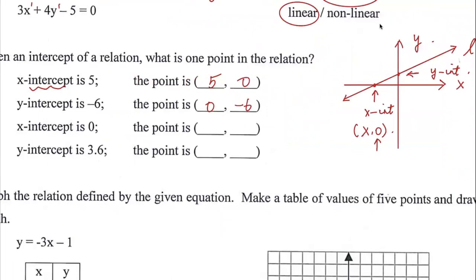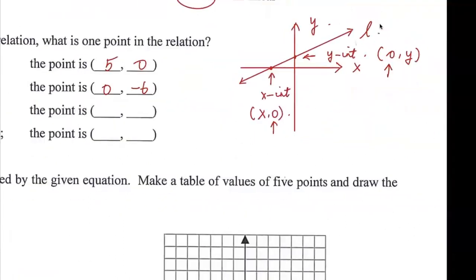If we have an x-intercept 0, that means the intersection of the straight line and the x-axis is 0, right? And we know that all the x-intercepts have the y value of 0.